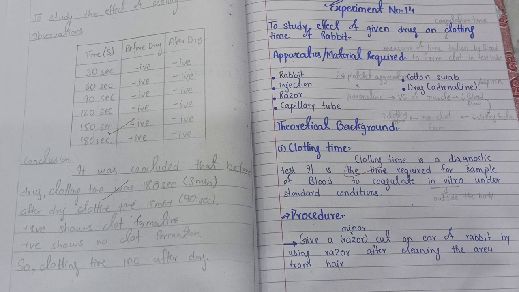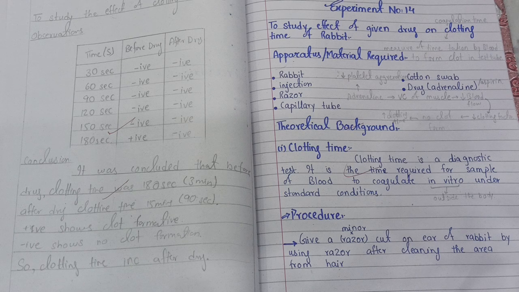But in the case of clotting time, I will shortly explain the procedure. You give a minor cut on the rabbit, then place the capillary tube at the site of injury, so that all the blood coming out through the injury fills up into the capillary tube. After waiting for some time, the capillary tube is broken into two parts.